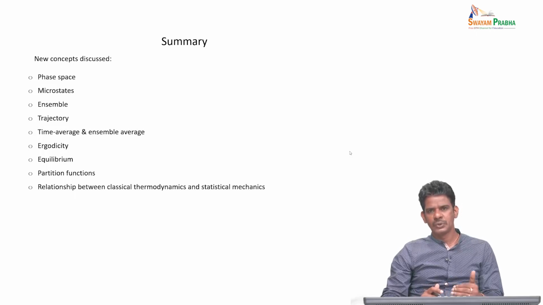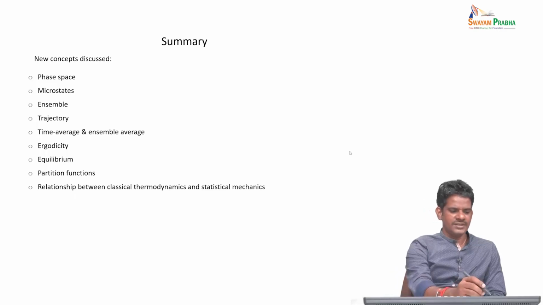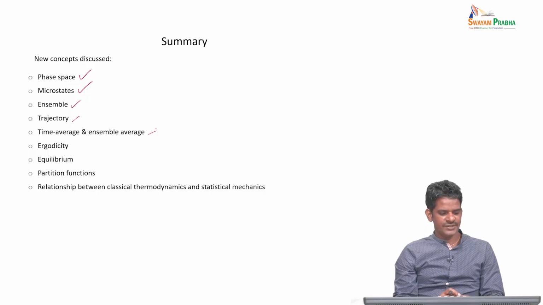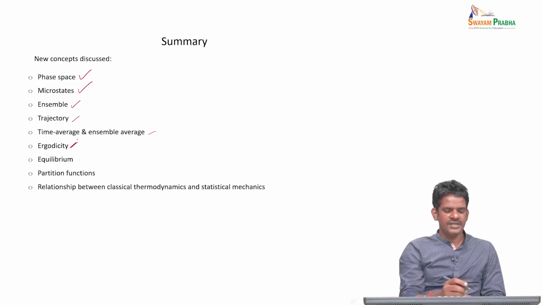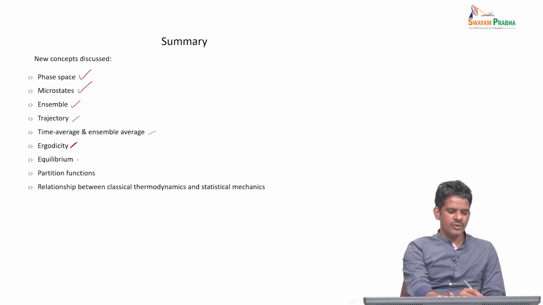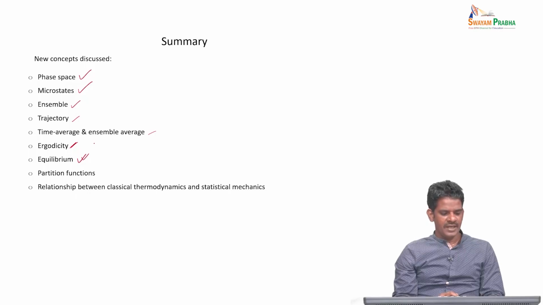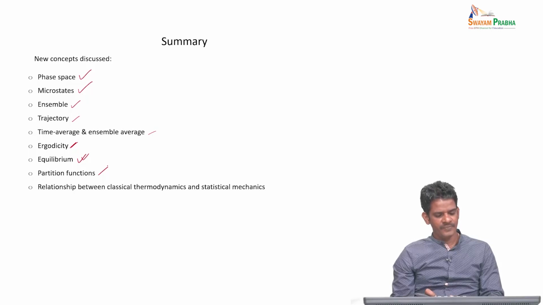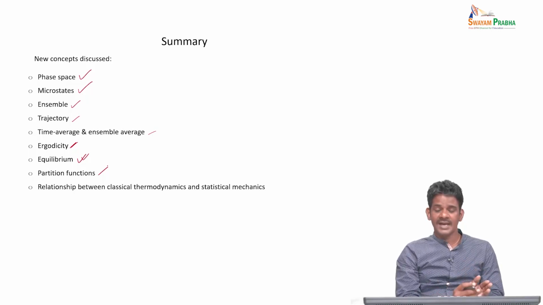So it's very important that you go through and try to understand what phase space is, what microstates are, what ensemble means, trajectories, the meaning of time averages and ensemble averages, and the importance of ergodicity so that the ensemble average and time average could be equated, what the microscopic notion of equilibrium means, and partition functions, how partition functions are related to the probability density function of microstates, and the relationship between the classical thermodynamic potentials and statistical mechanics. So these are some of the things that we discussed in this class.